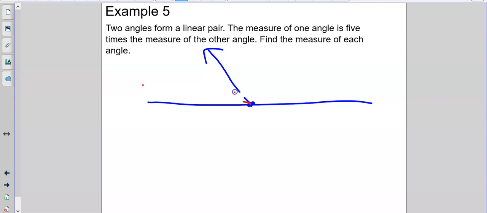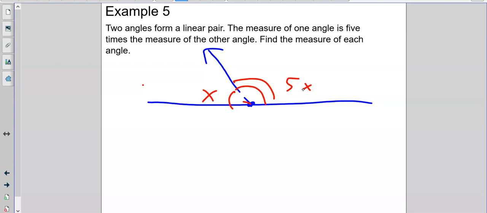So you have an acute angle over here and an obtuse angle over here. The measure of one angle is 5 times the measure of the other angle. Well, let's think about that. One angle is small, one angle is big. So if the smaller one is x, this one is 5x.